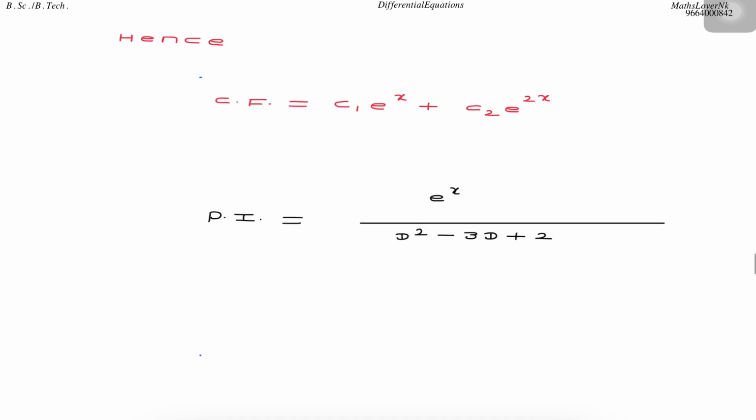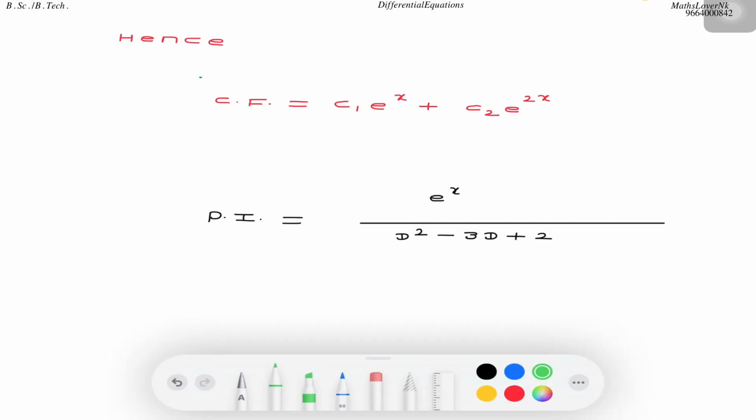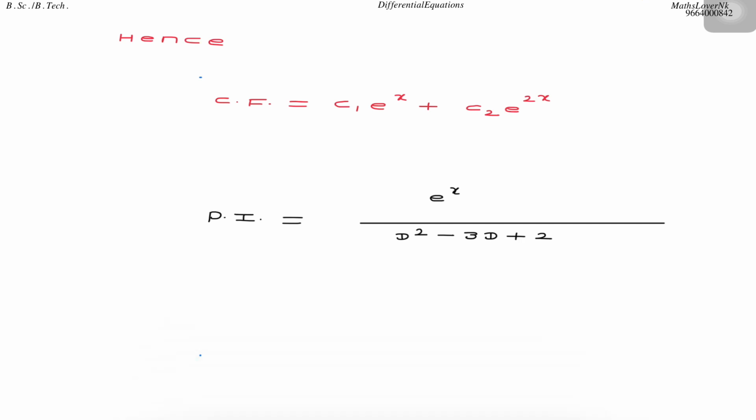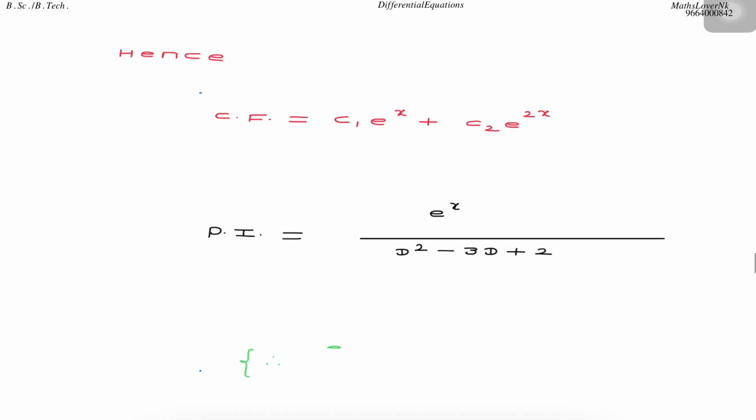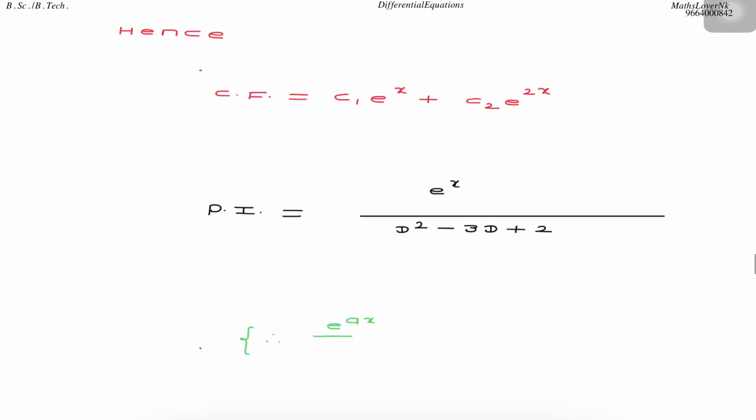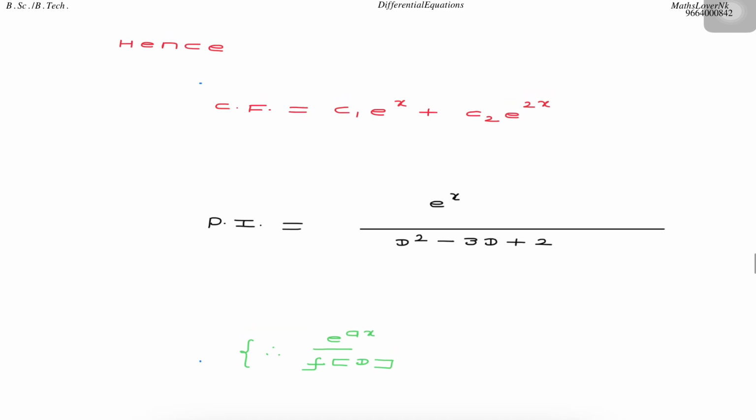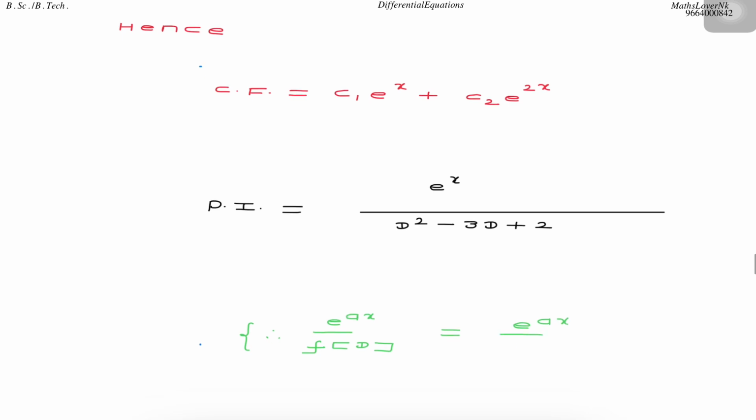The first identity says that e^(ax) upon f(D) can be written as e^(ax) upon f(a), in which capital D is replaced by small a.